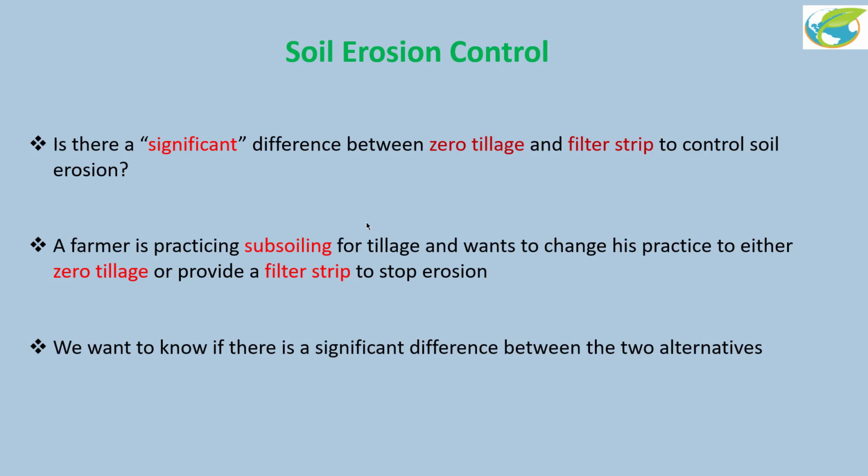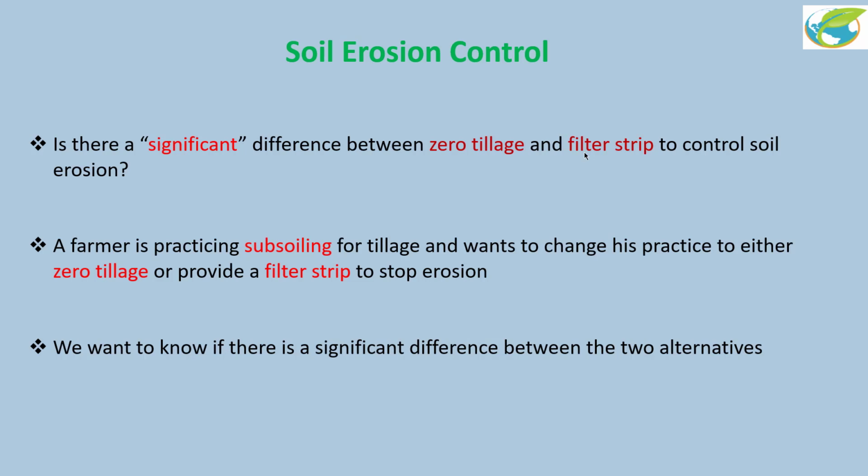So the example that I'm giving today is about soil erosion control. The question is, is there a significant difference between zero tillage and filter strip to control soil erosion? Initially, the farmer is practicing subsoiling for tillage and wants to know the change that would take place if he changed his practice.